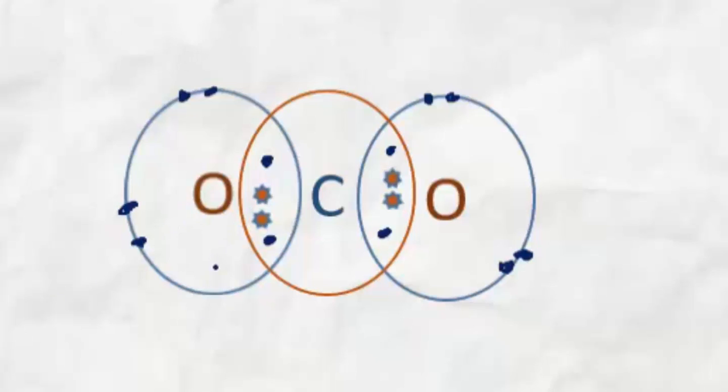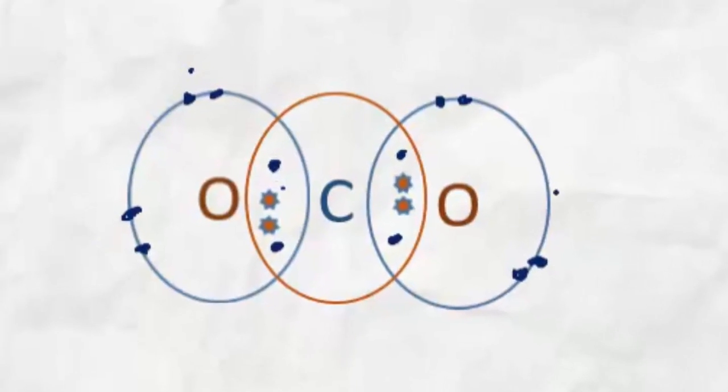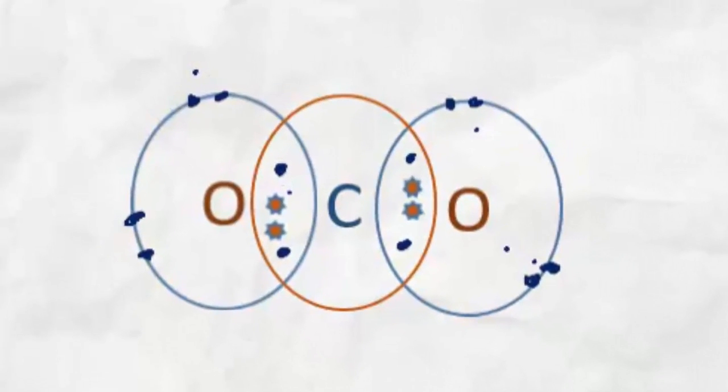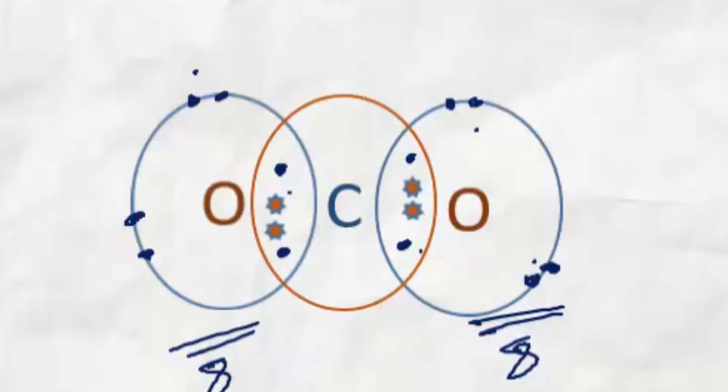So now see that oxygen has 8 electrons, 2 plus 2 plus 4. Here also 2 plus 2 plus 4. So oxygen has 8 electrons. So the octet configuration is achieved. Observe carbon, 4 here and 4 here. 4 plus 4 is 8.